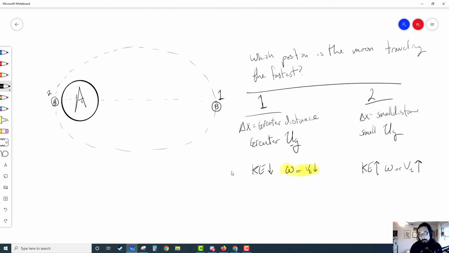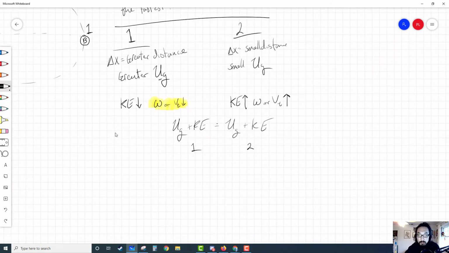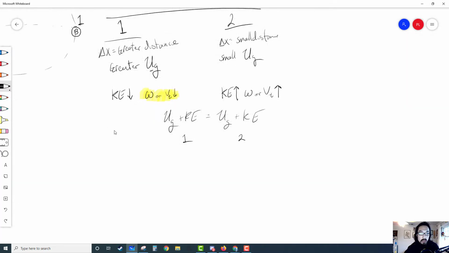And the way we got this is we can take a look at the equation. UG plus KE is equal to UG plus KE. Right? So if we consider anything on the left-hand side to be position 1 and anything on the right-hand side to be position 2, because of the way the conservation laws work, we said that at position 1, I'll do this in blue, we have a greater potential energy.